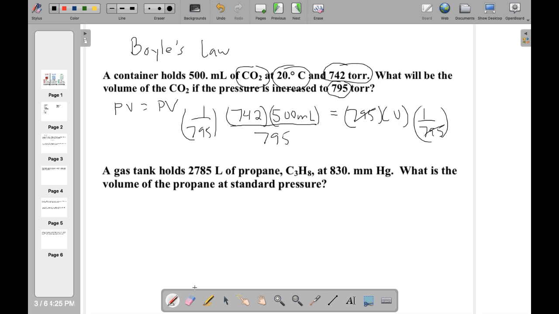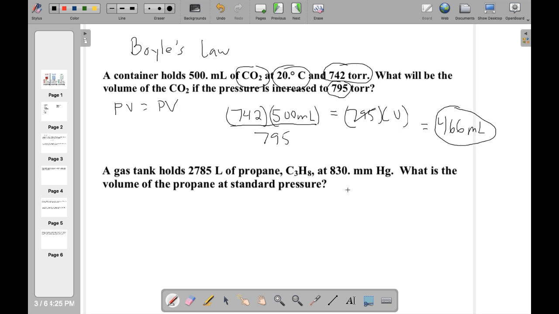So volume equals 742 times 500 divided by 795. If I do that math, I will get 466 milliliters, and that is my answer.